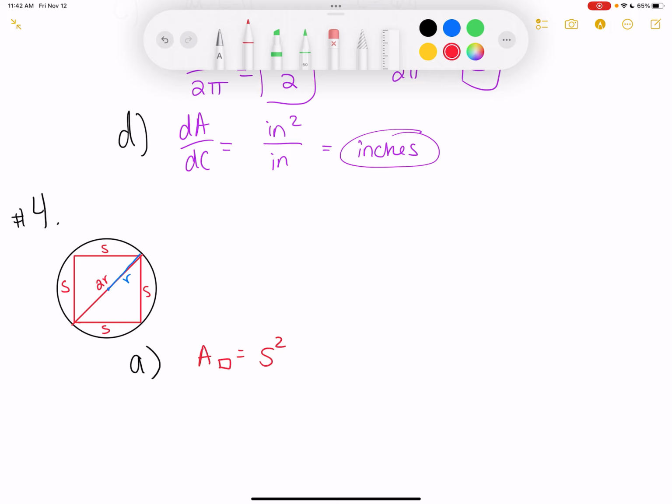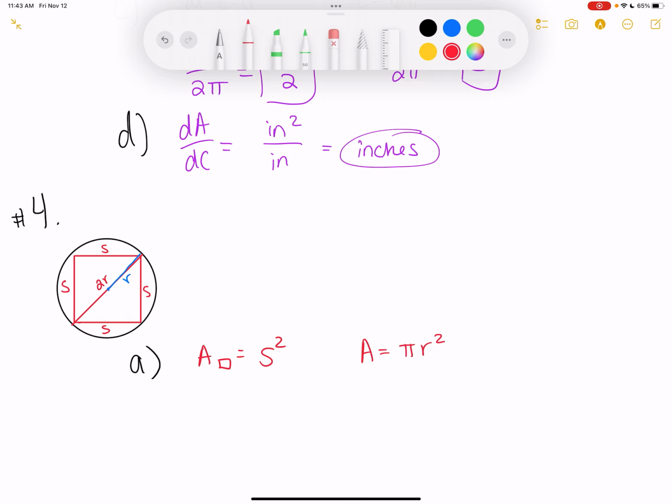And the area of a circle? Pi r squared. Right now I'm just getting down information that I know, which will help me get to where I want to be.